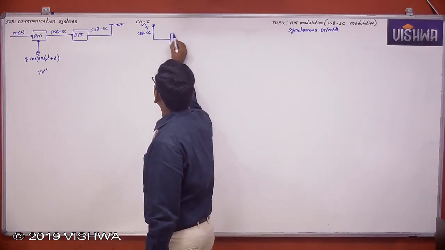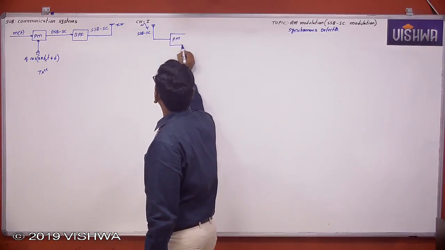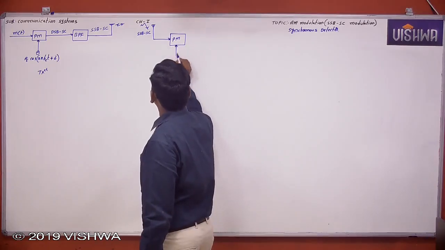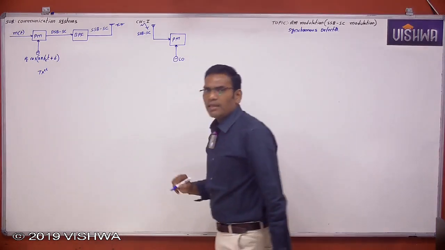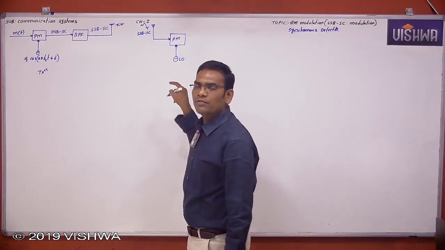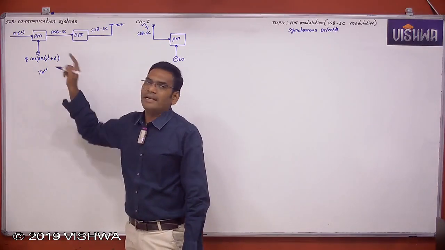Now this is the product modulator at the receiver side, and another input to this product modulator is the local oscillator. Now this local oscillator will generate the carrier whose frequency and phase should match those used at the transmitter side.